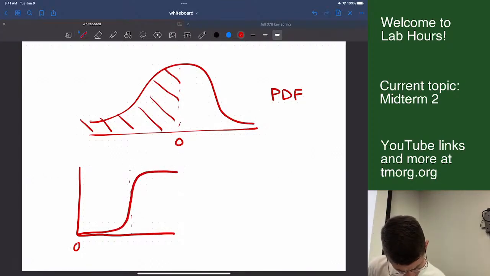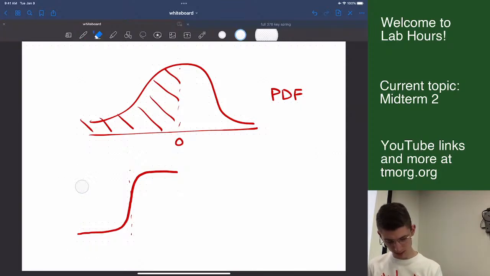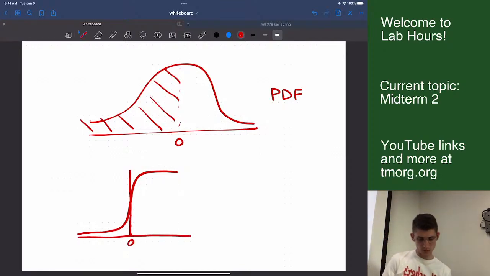And this value right here, for the standard normal distribution, I was actually wrong. They do not start at 0. The y values do start at 0, though. This is x, this is big F of x.